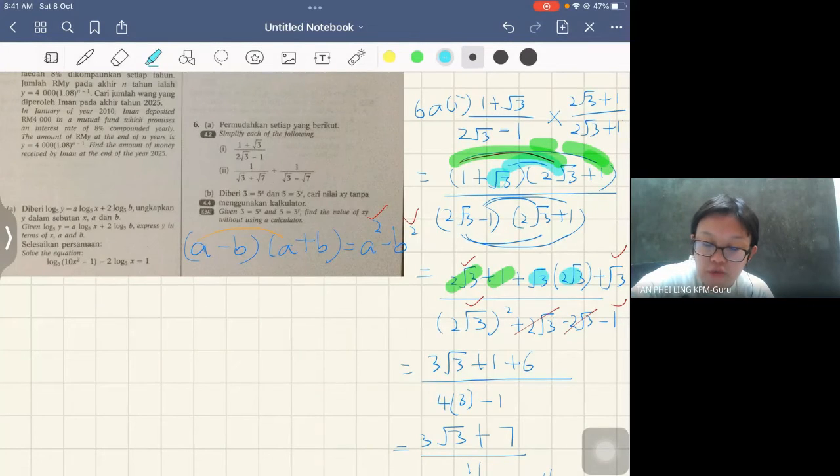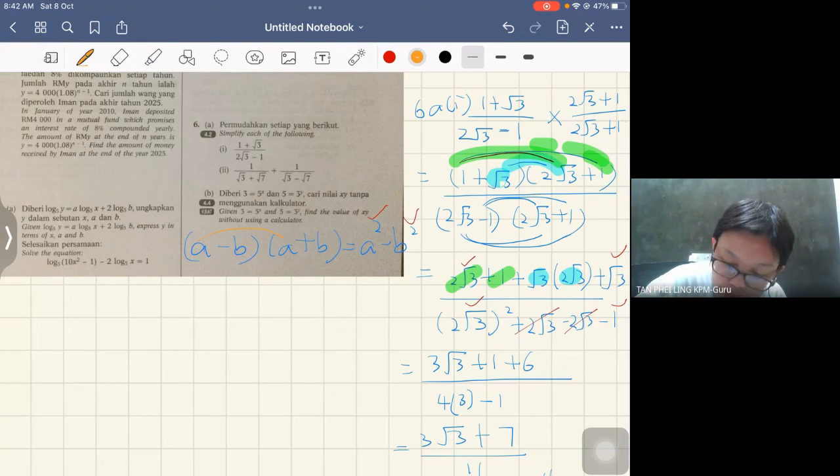And then I solve it here for you just now. Square root 3 times 2 square root 3. The idea here is that you will get 2, and then square root 3 times square root 3, you get 3. Is that okay? All right.